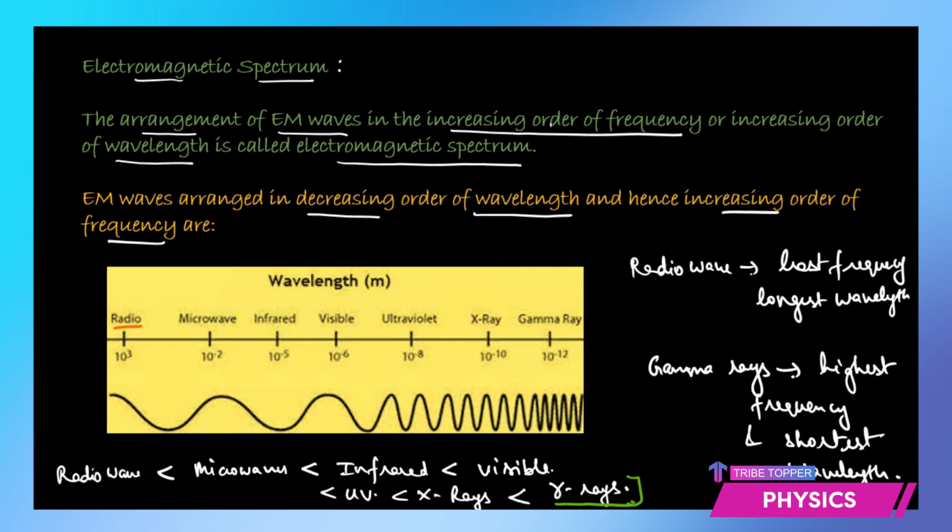This is how we arrange the entire electromagnetic spectrum in increasing or decreasing order of wavelength and frequency. You have to answer according to the question.